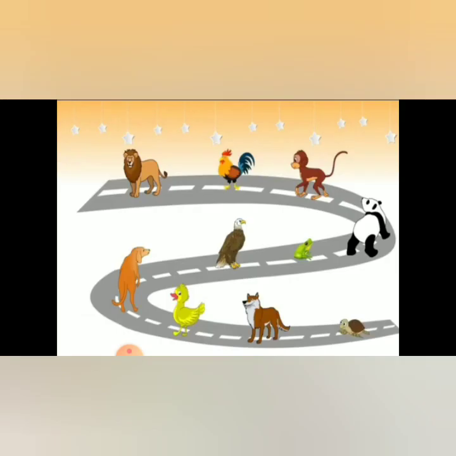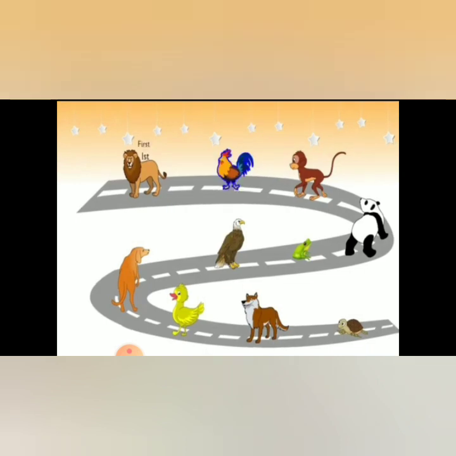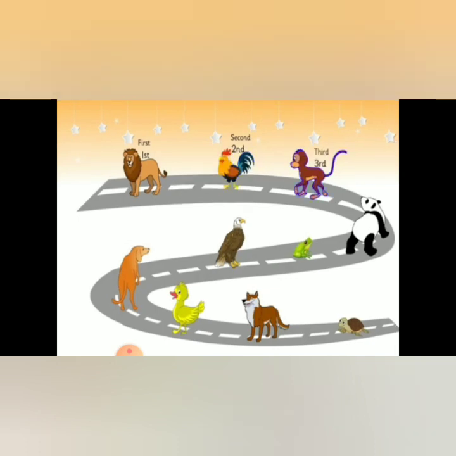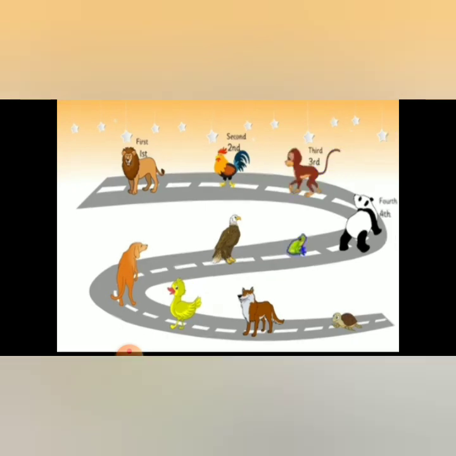With one example, I will explain to you. If you see here, there are animals. Who is at the first? The lion. Who is at the second? The cock. Who is at the third? The monkey. Who is at the fourth? It's a panda. Who is at the fifth? Frog.